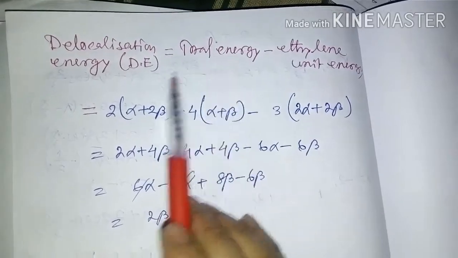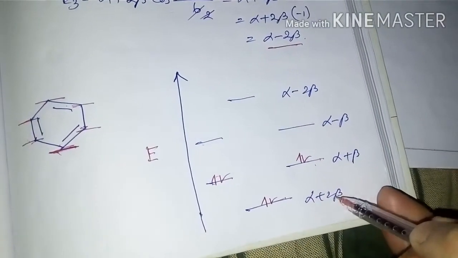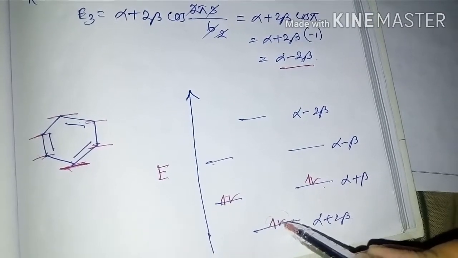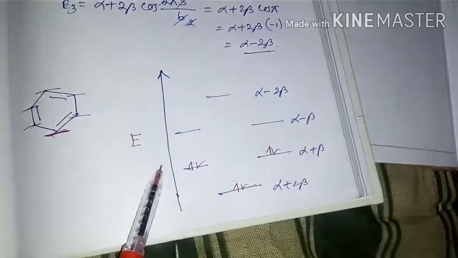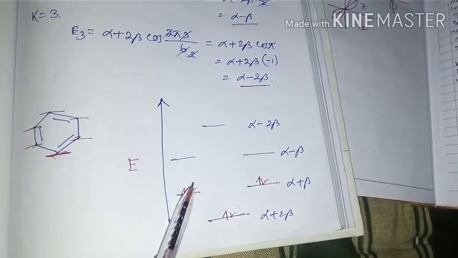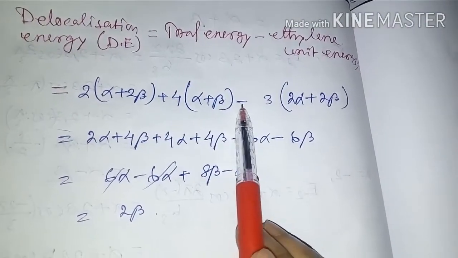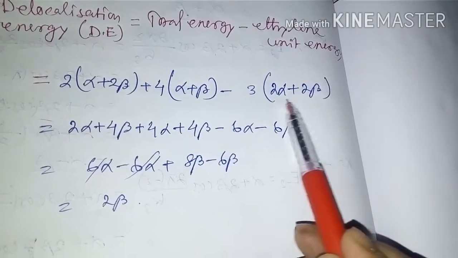Now total energy means, see here, alpha plus 2 beta. Here how many pi electrons? 2 electrons. So here plus, in the second case, see 1 2, then 1 2 3 4, so 4 into this part, minus. Now this one is the ethylene unit, you have to learn this by heart.